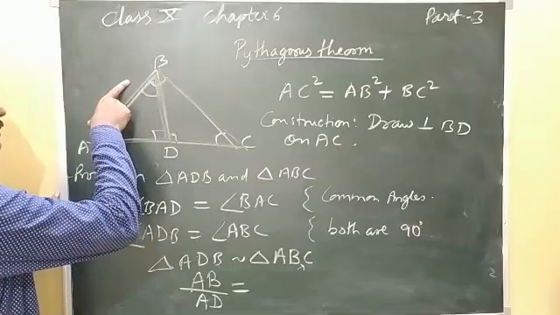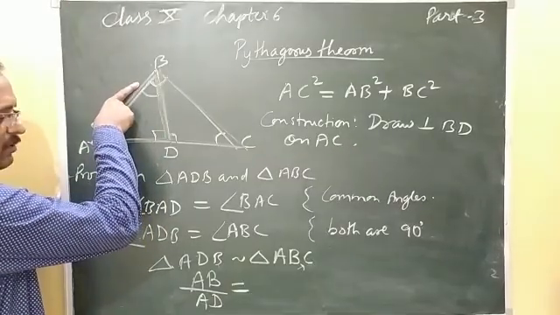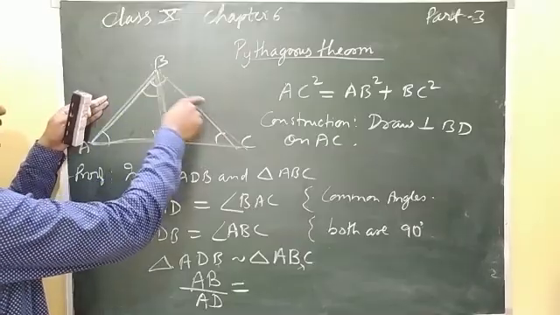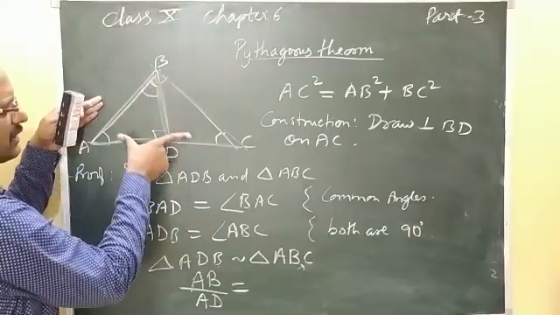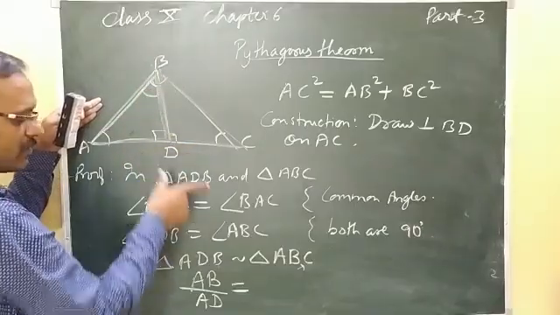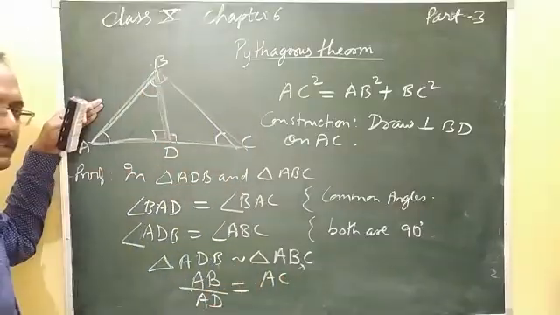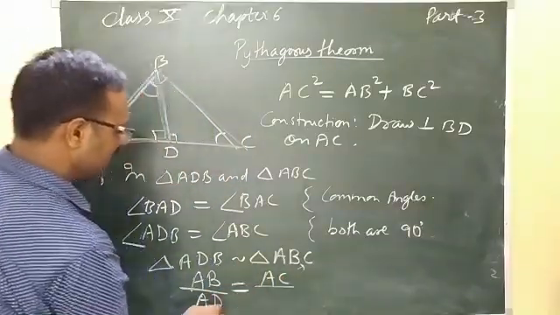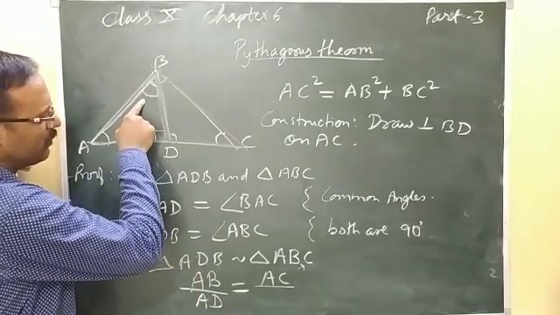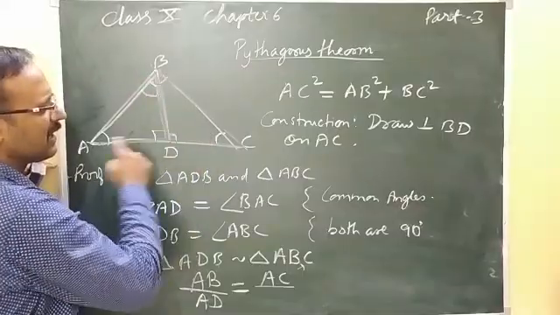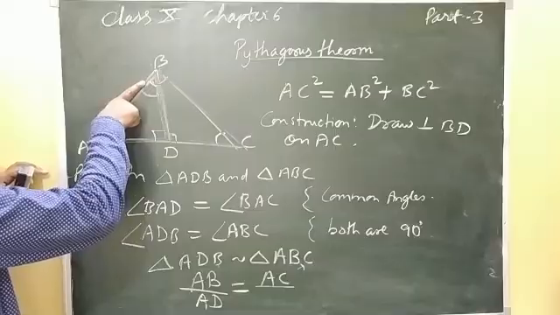See here, AB was opposite to the 90 degrees in the smaller triangle. Okay, so in the bigger triangle, where is the 90 degrees? This is the 90 degrees. The side opposite to this 90 degrees is AC. So in place of AB, you have to write AC from ABC. Similarly, AD was opposite to this angle, and this was equal to this angle in the bigger triangle. The side opposite to this angle C in the bigger triangle is AB.